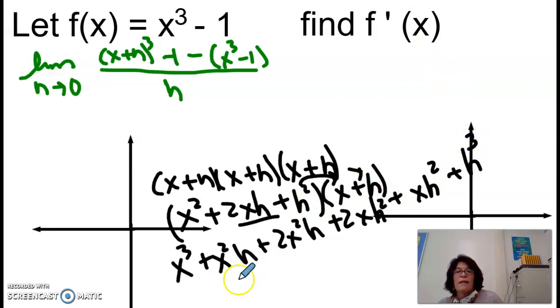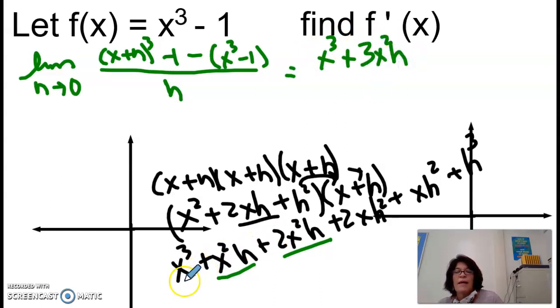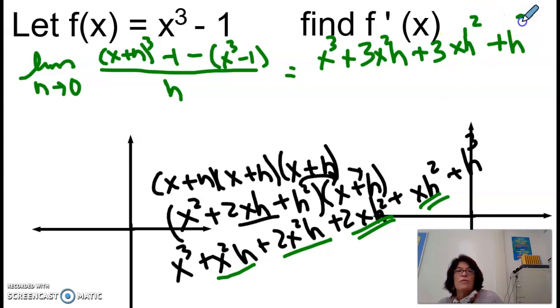So I notice my like terms. I have 1x squared h and 2x squared h's. So it looks like I have 3x squared h's. Okay, I had my x cubed plus 3x squared h. Well, these two are like terms. I have 3 of those, 3xh squareds, and then an h cubed.